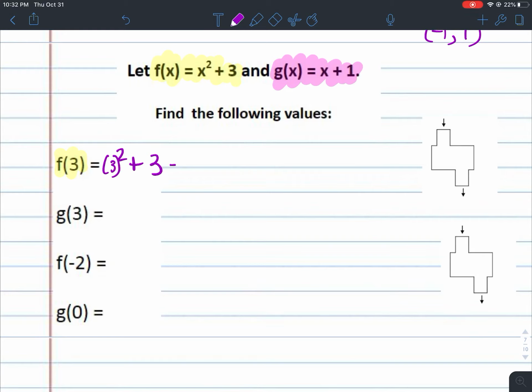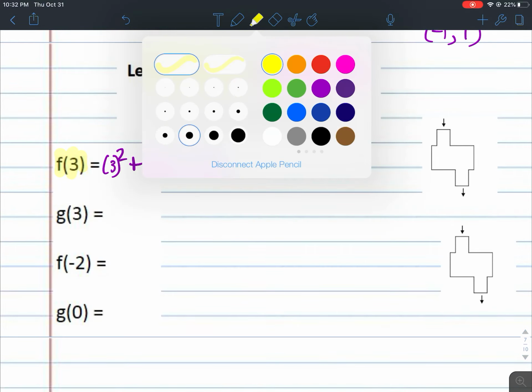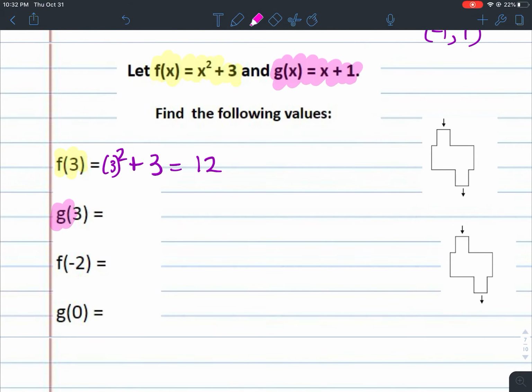So that'd be 3 squared, 9, plus 3, which is 12. For this one, they're not talking about Frank. They're talking about George. So we need to use George's function. So instead of saying x plus 1, we're going to use what's in the parentheses, which in this case is a 3. So we're going to say 3 plus 1, which is 4.